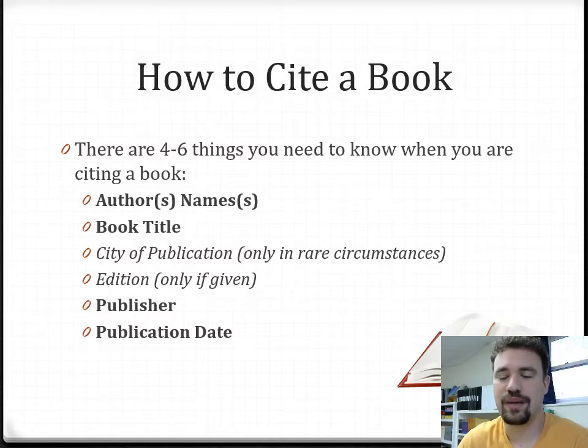Now, sometimes you will need the city of publication in rare circumstances. This would be the case if, it's probably not going to happen, but this would be the case, say, if you had different editions of the book between different countries, so say like a British edition and an American edition, putting the city of publication might be helpful.